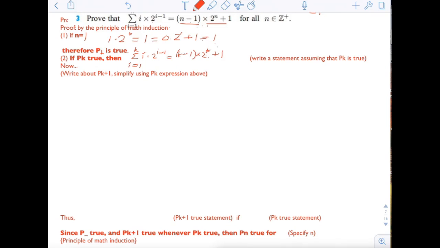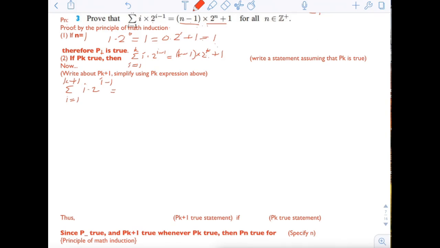Now we're going to write this similar statement with P(k + 1). So we'll have the sum from i equals 1 to k plus 1 of i times 2 to the i minus 1.